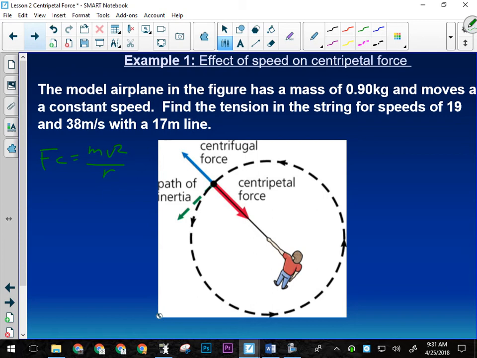It's still going to get bigger, right? Because again, speed has an exponential relationship with centripetal force, whereas radius is only linear. So if I was to double them both, the centripetal force would still essentially double because they would cancel a little bit here. Everybody kind of follow there?